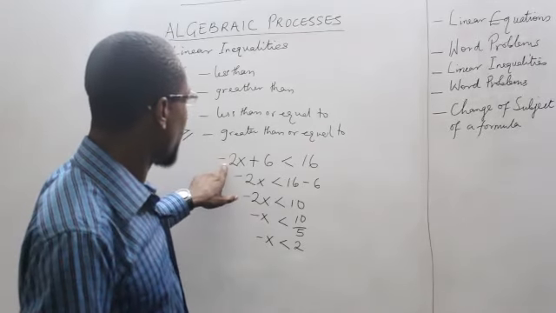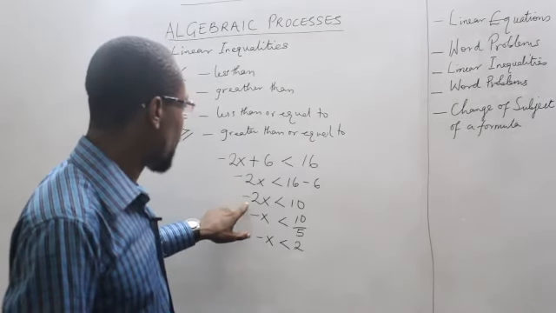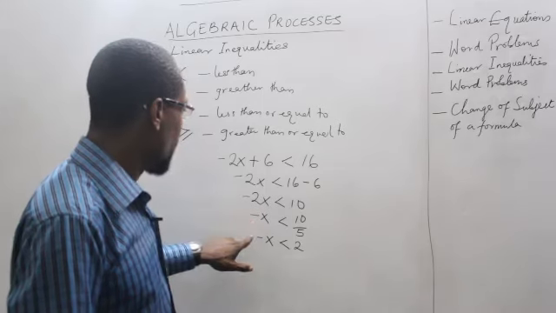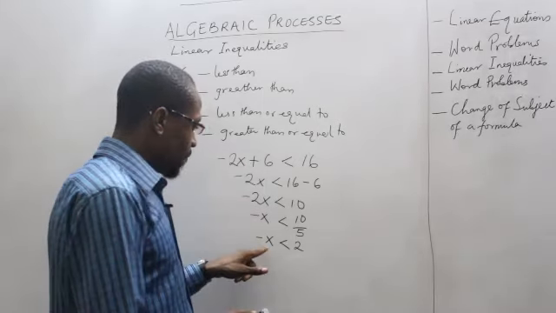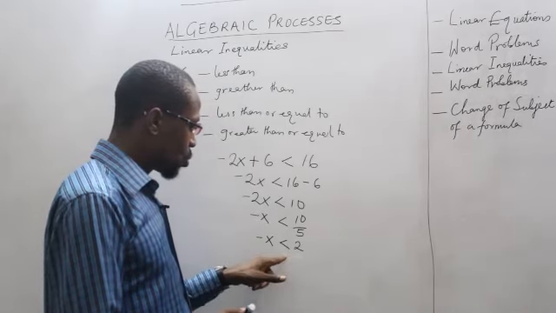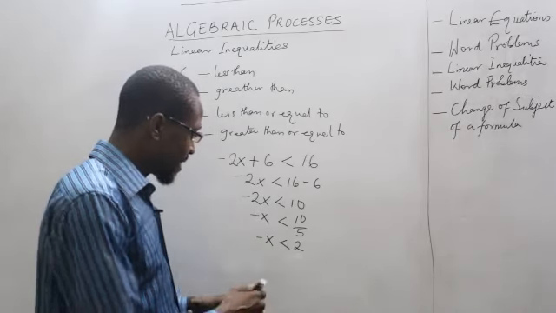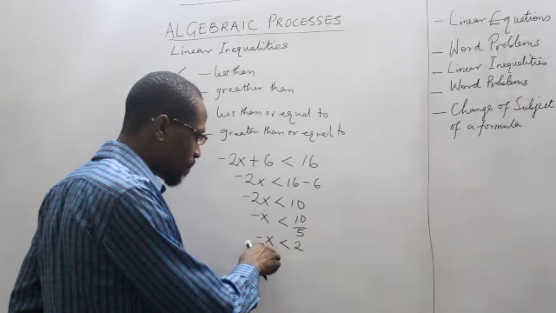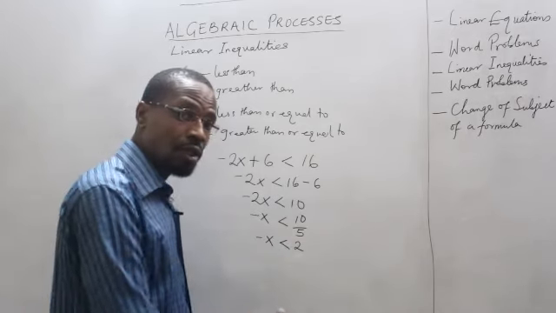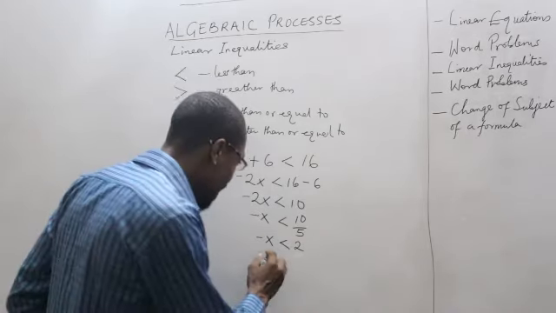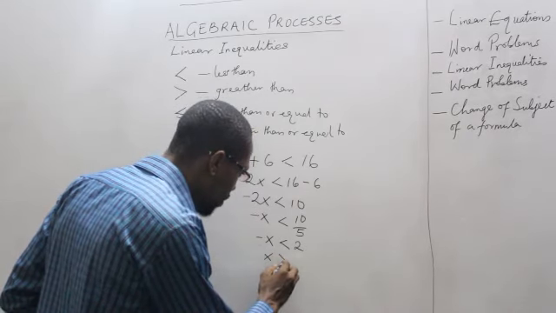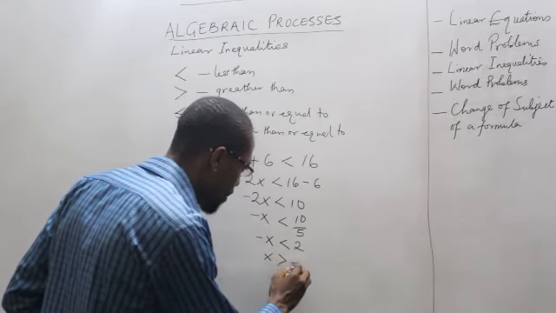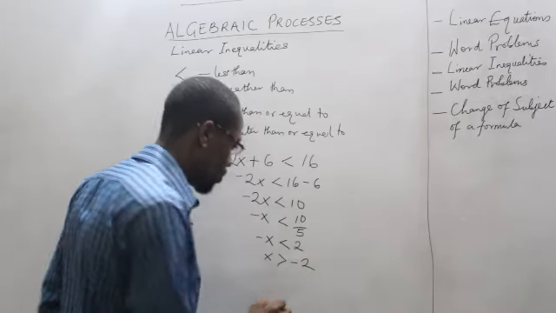For instance, if we had to introduce a negative sign to our minus 2x, now for us to get our final answer in this case, we will have to multiply both sides of the equation by minus 1, right? And the moment we do that, x will become greater than minus 2.